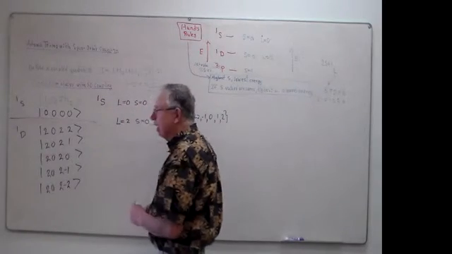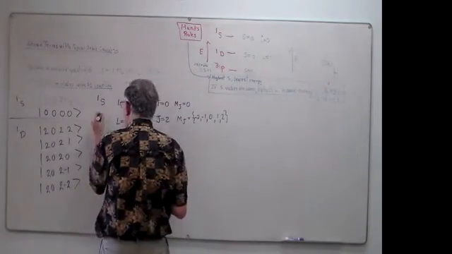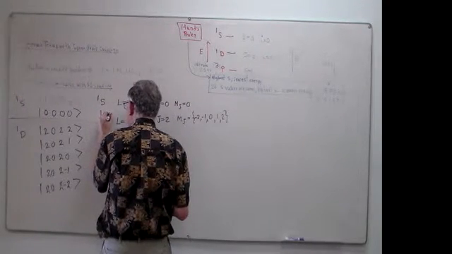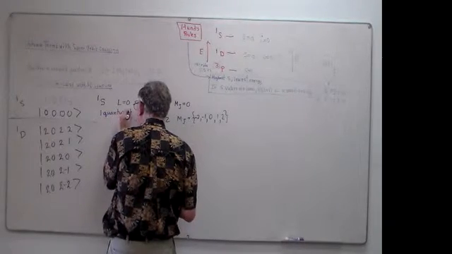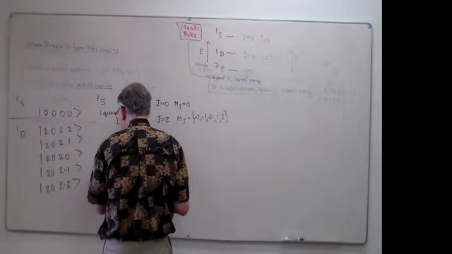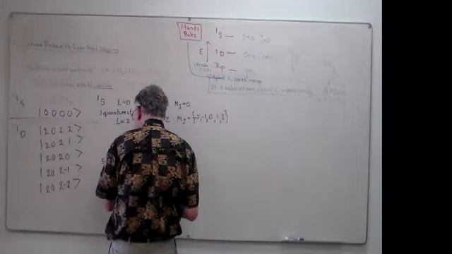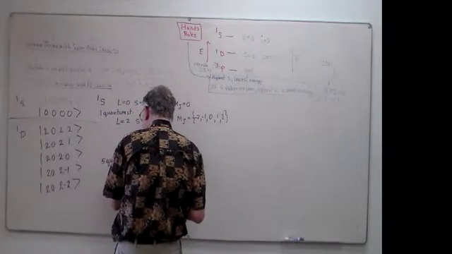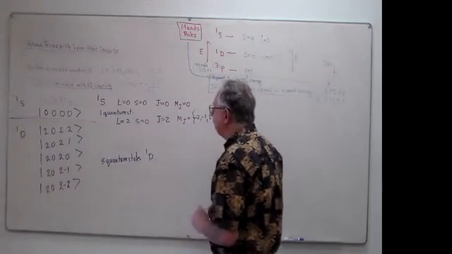How many quantum states are there? 5. Interesting. So 1 quantum state for the singlet S, and there are 5 quantum states for the singlet D, all the same energy.